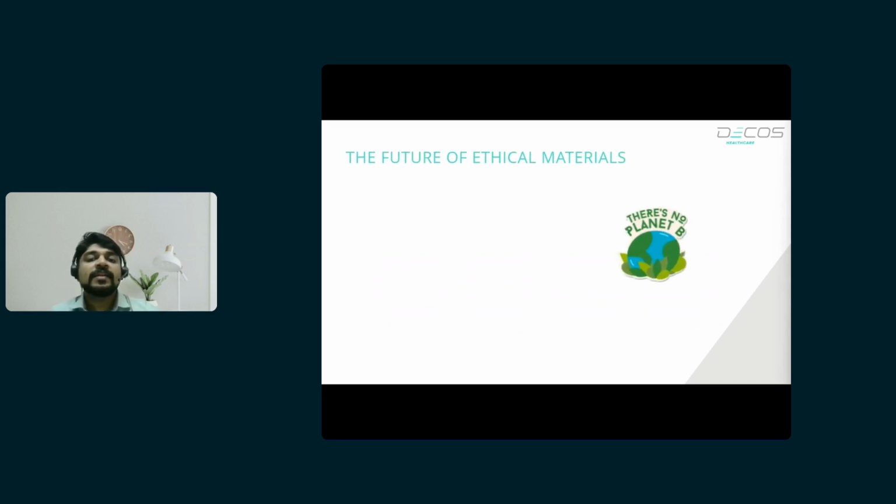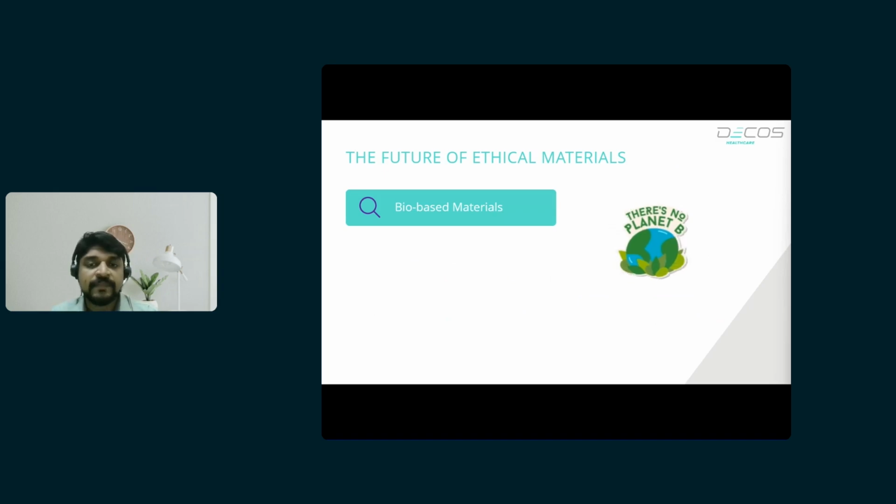The future of ethical materials is brimming with promise, aiming to create a world where the materials we use are not only functional but also responsible and sustainable. Here is a breakdown of some key trends shaping the future. The first is the rise of bio-based materials.